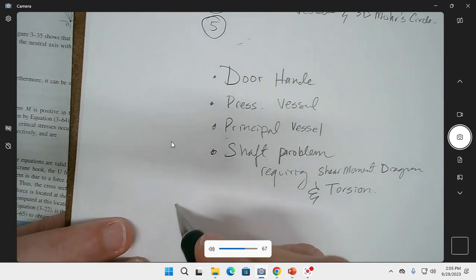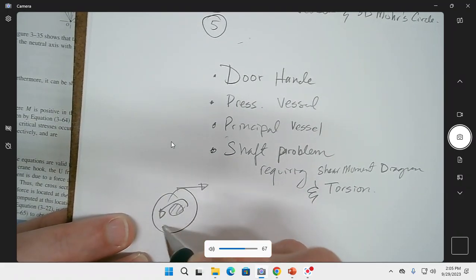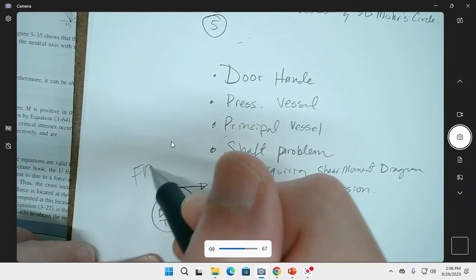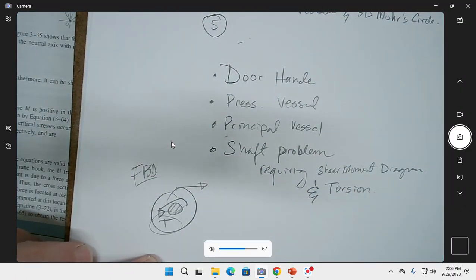By torsion diagram, I mean I want to see this thing right here. Find the torque, or a torque balance, or something along those lines, where you have to do an FBD down the length of the shaft and look at that and find the torque. It's one of my priorities.